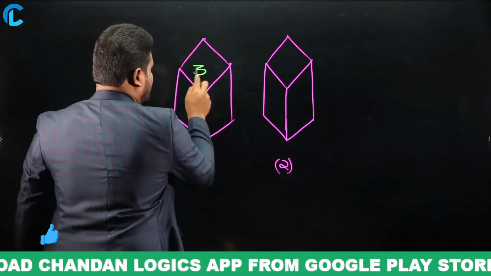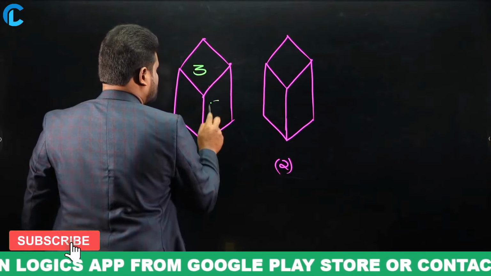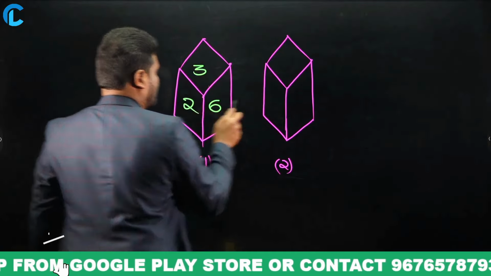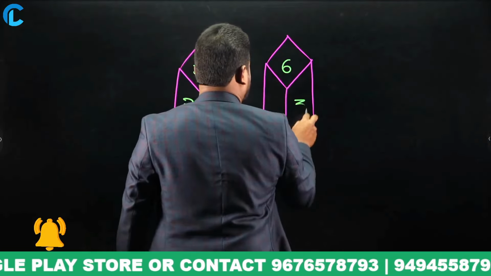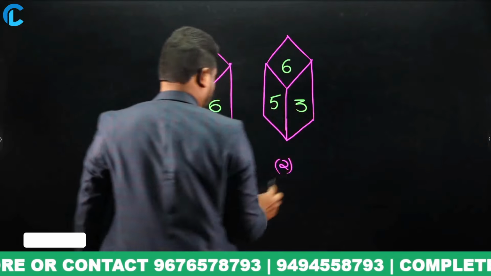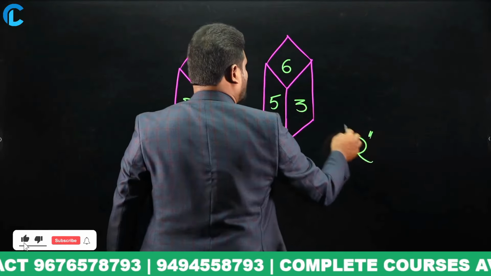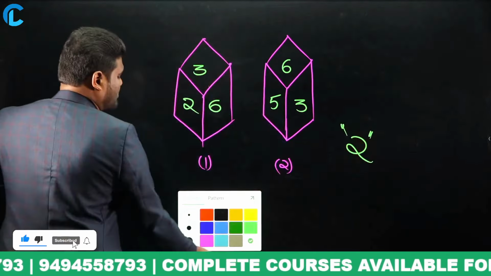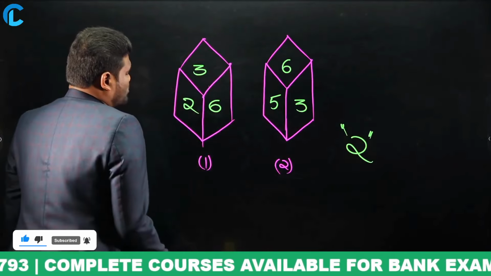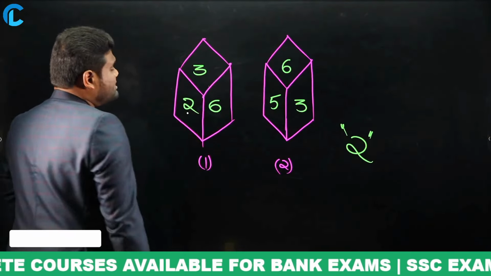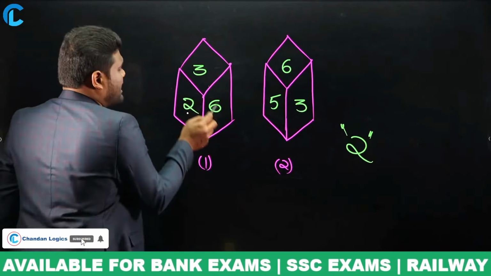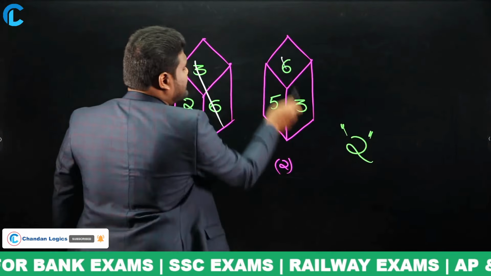Look at this. 3, 6, 2, 6, 3, 5. If the question is asking what is opposite to 2, look, where is 2? Here we have 2. First check how many elements are common. Look here, if you observe 3, 6 common.